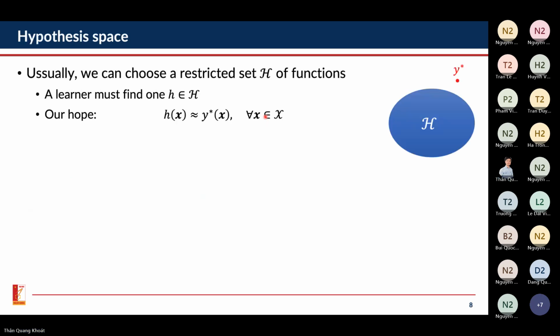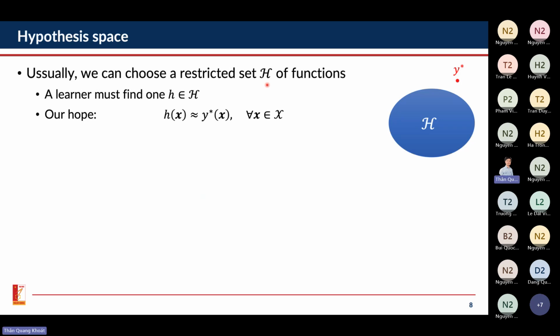One question is: where does our model come from? One way we often do in practice is to use one type of function, or a family of functions, sometimes called an architecture.